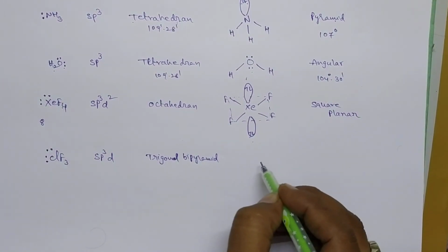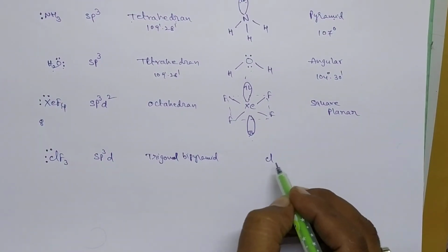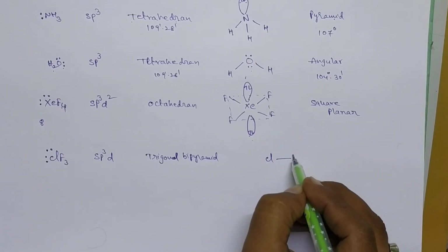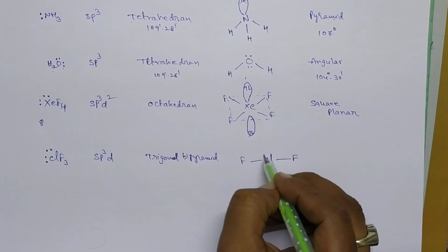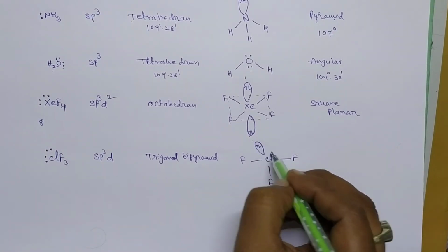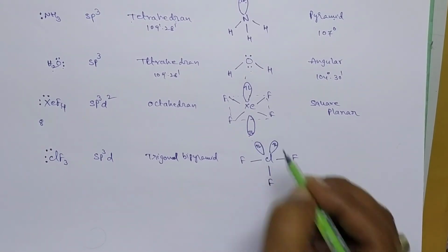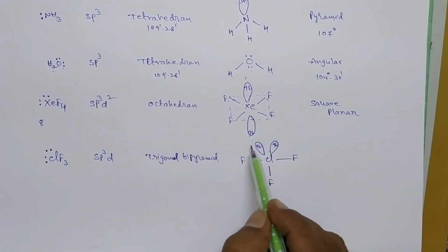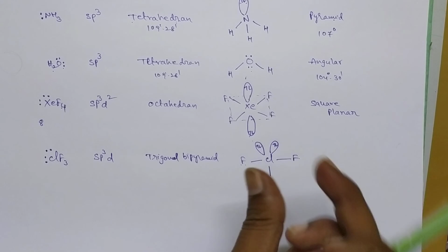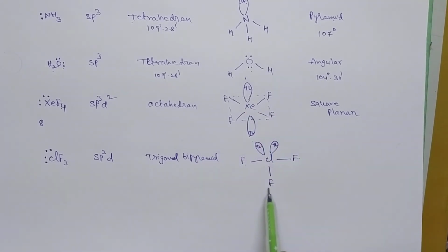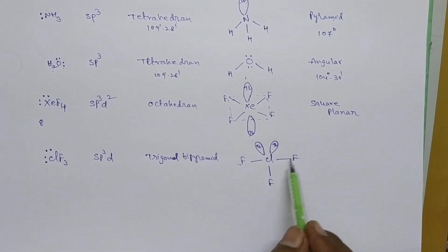So it will be like this: Cl, and the two lone pairs will be present like this. So here this is a trigonal bipyramidal structure. If you turn this molecule like this, then we get the trigonal bipyramidal structure. These two fluorine atoms are present at the axial positions.